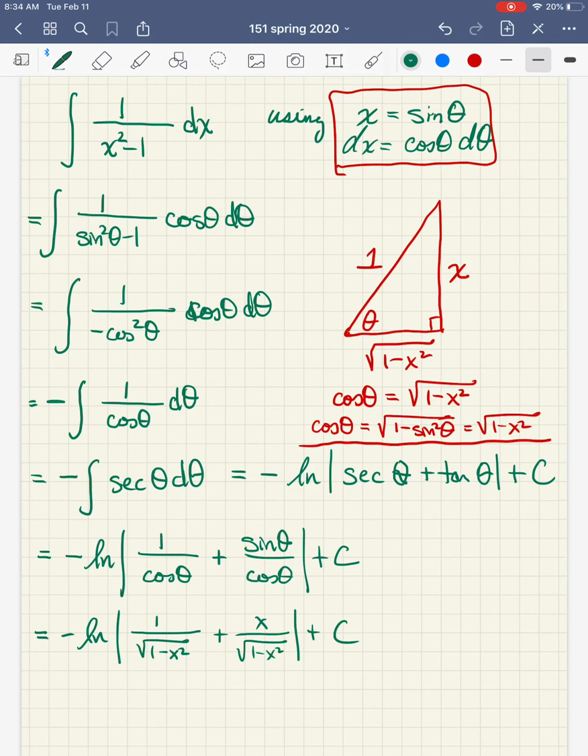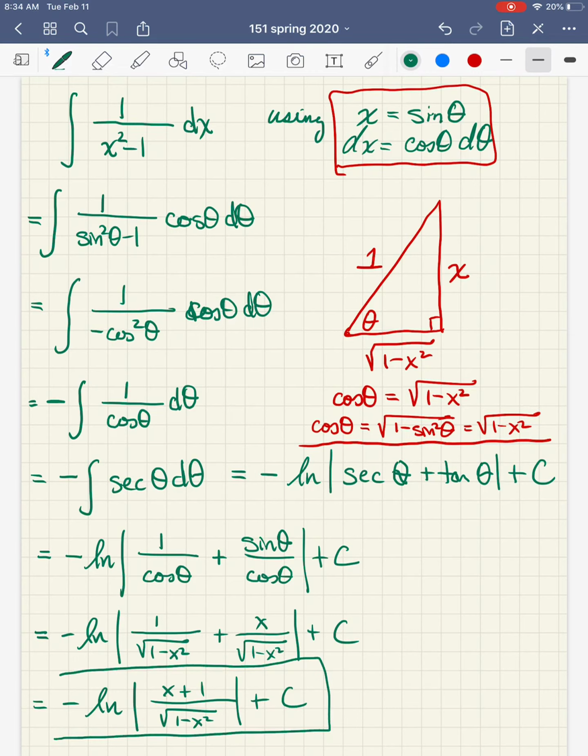And now when I get a common denominator, we get x plus 1 all over the square root of 1 minus x squared, plus c. So this is our answer.